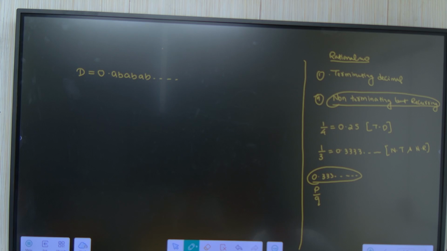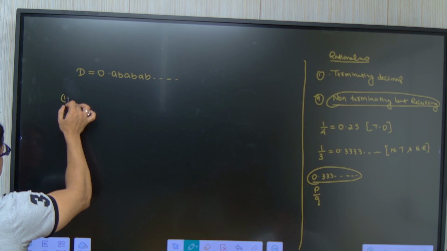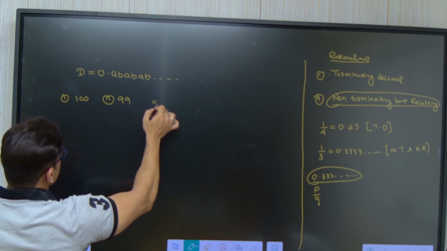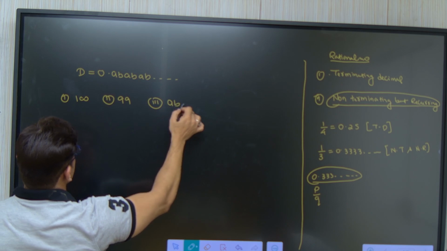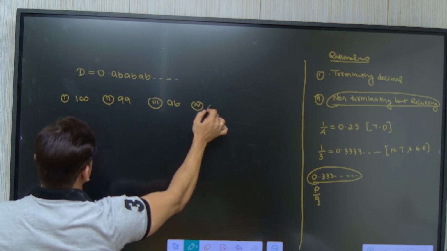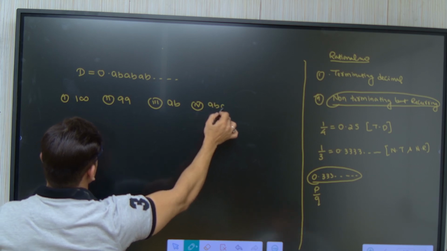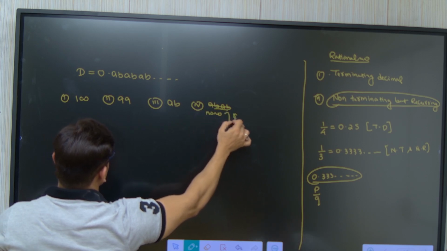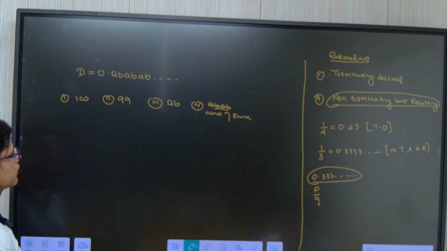Now, by what number should D be multiplied so that the result is an integer? First option is 100. Second option is 99. Third option is AB. And fourth option is AB, AB. Not AB, AB. Something else. None of these. What do you think will be the answer for this question?